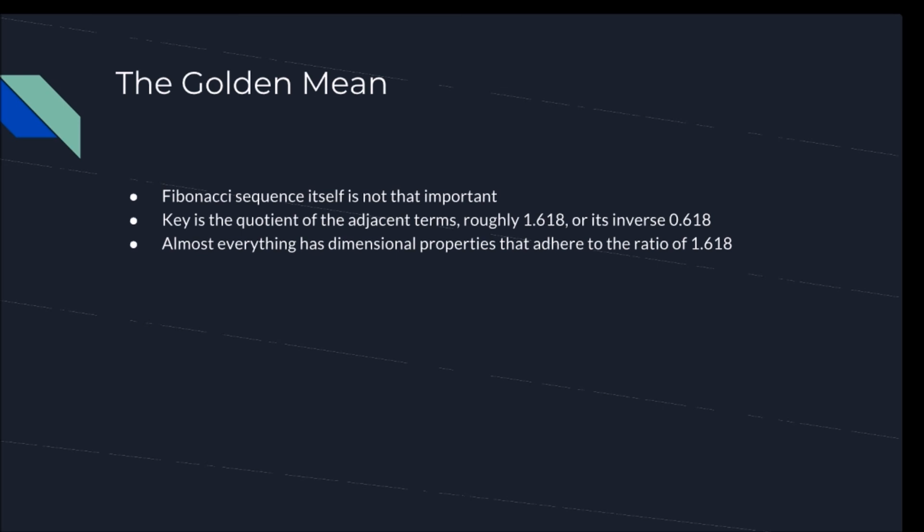In the Fibonacci sequence, the sequence itself is not that important, as we have discovered. What is key is the quotient of adjacent terms, roughly 1.618, or its inverse, which is 0.618, which most of us know as pi. Almost everything has dimensional properties that adhere to this ratio.